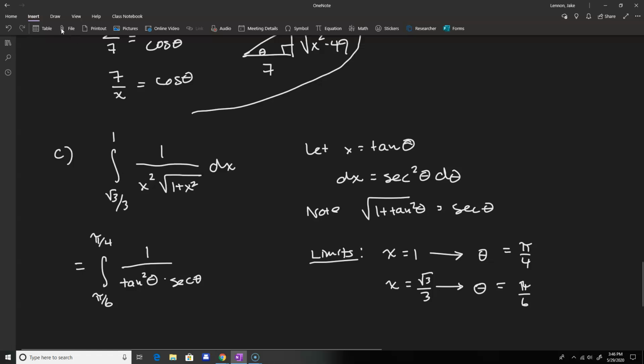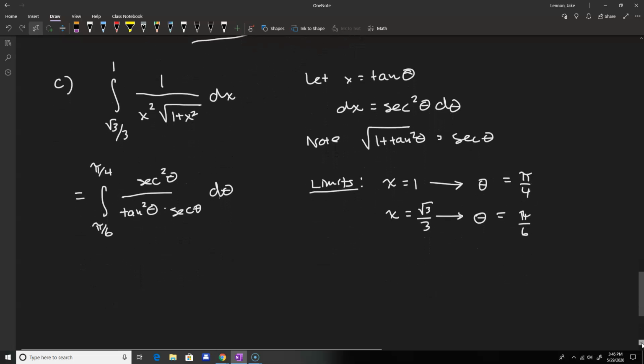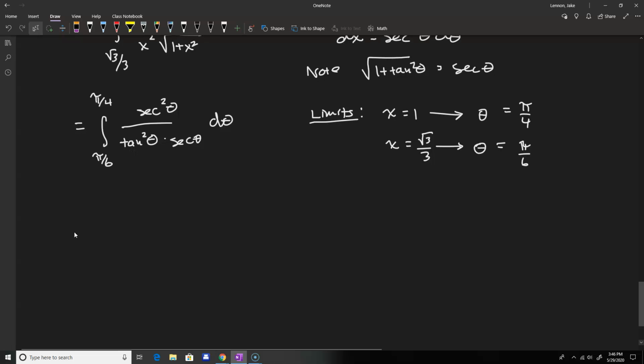And actually on top I should have put secant squared, not 1, because that was our implicit dx. So we have secant squared theta d theta. We can cancel one of the factors of secant theta. So we end up with the integral from pi over 6 to pi over 4 of secant of theta over tangent squared theta.